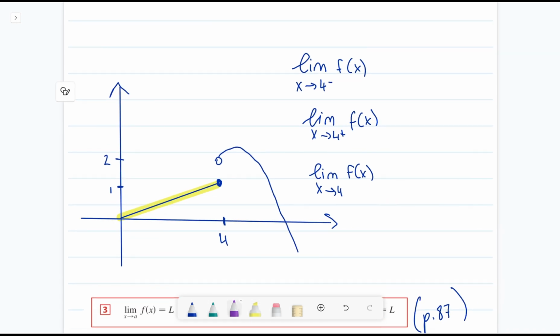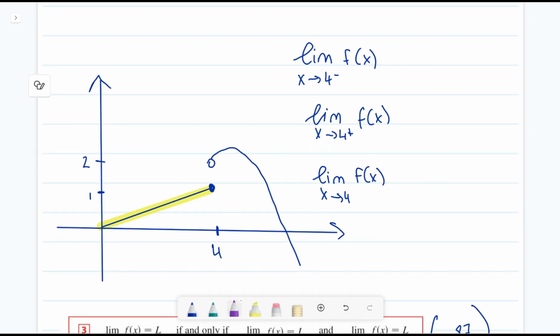So the limit as x approaches 4 from the left of f of x is 1. Now let's go from the right. We would like to get close to 4, and this is when the function gets close to 2. So the limit as x approaches 4 from the right of f of x is 2.